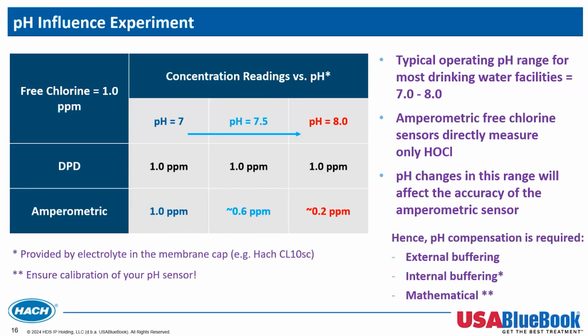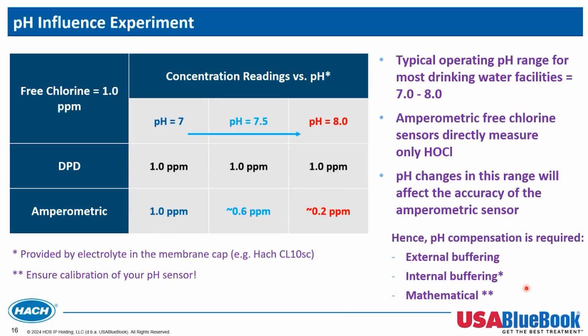Now, what does that mean? That means that pH compensation is required for amperometric sensors, no matter what technology or sub-method is used, whether it's a bare electrode system or a membrane covered system. Either external buffering, feeding a buffer solution into the water, is required, but feeding external buffer means that it's not reagentless anymore.